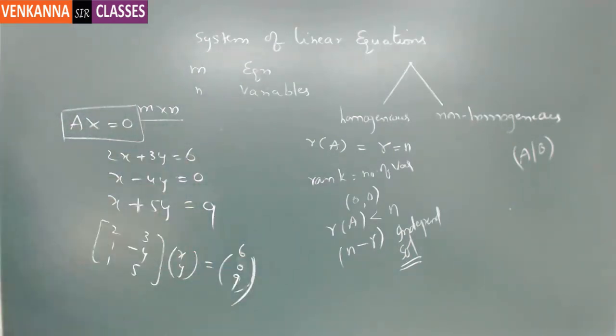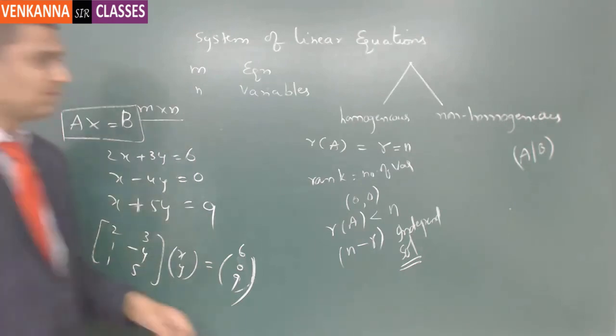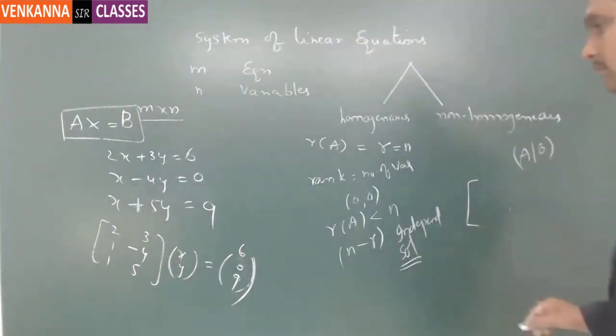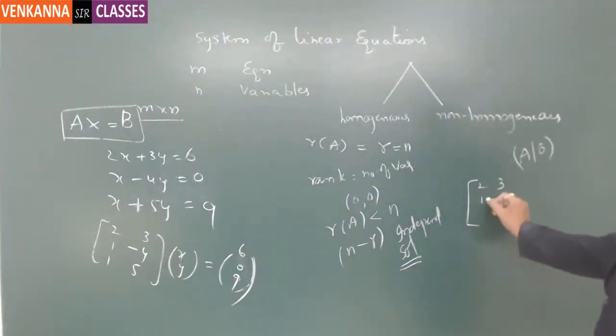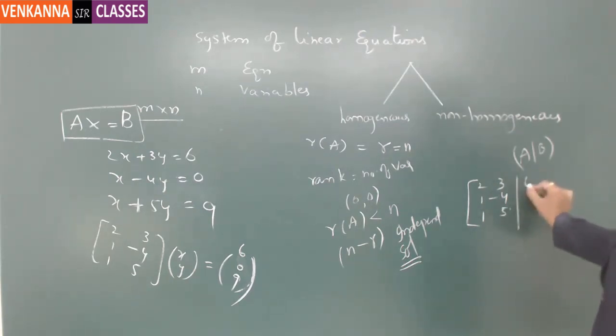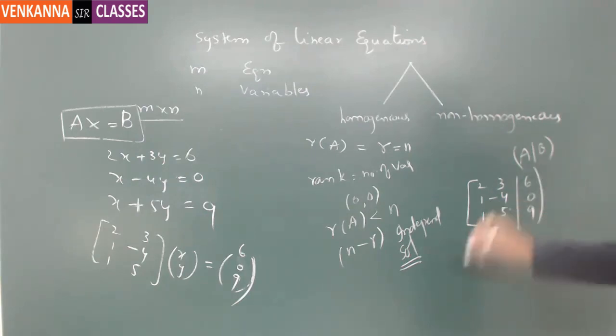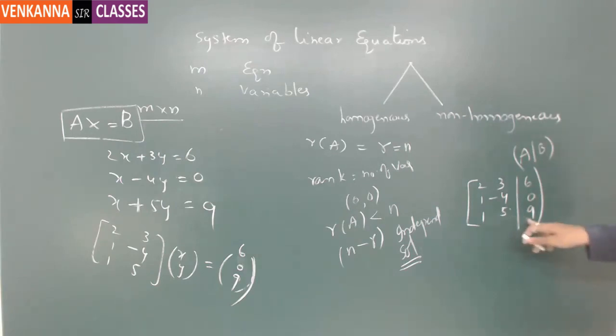We call this the matrix representation Ax equal to B. A stands for the coefficient matrix, X stands for the variable matrix, and B stands for the right side constant matrix. So the augmented matrix will be 2, 3, 1, minus 4, 1, 5, oblique 6, 0, 9. Now we apply the same row operations on either of the parts.